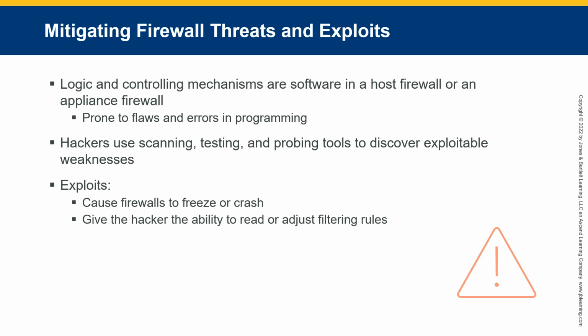Hackers use scanning, testing, probing tools to discover exploitable weaknesses. An exploit is a vulnerability that is used to gain unauthorized access. Exploits can be used to bring down a firewall, make it crash. It can also give the hacker the ability to read or even monitor firewall rules in some instances.